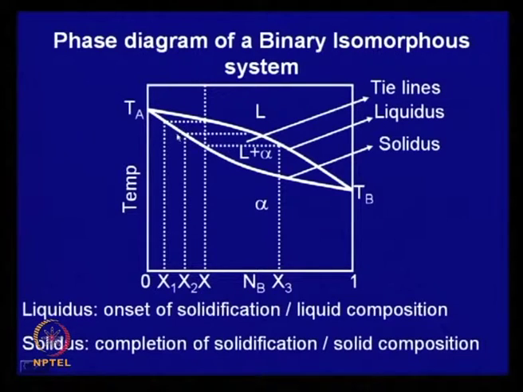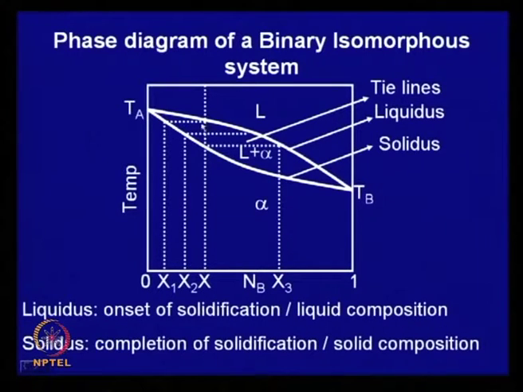But we have seen that the composition of a solid can change only by the process of diffusion. In liquid state diffusivity is several orders of magnitude higher, so the composition change in liquid will be quite fast, but the composition change in solid will take time. Now, let us say we allow this alloy to cool in the furnace or at a very slow rate. We call this slow rate an equilibrium cooling rate.